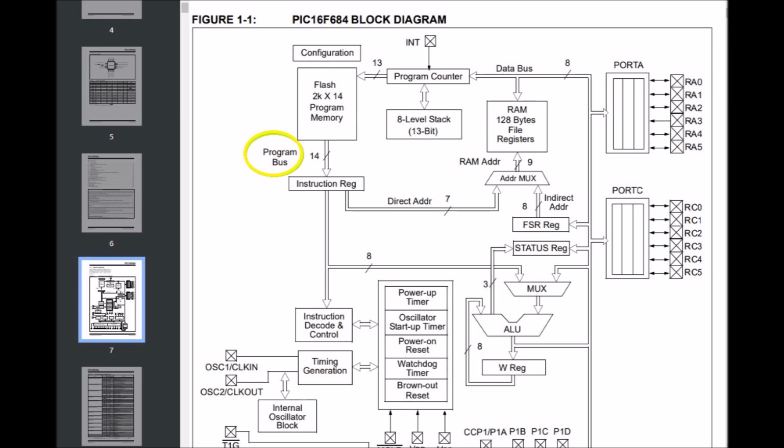So there's that term that I defined at the beginning of this video, immediate values. I'm talking about the program bus, and one of its roles is the transfer of data.